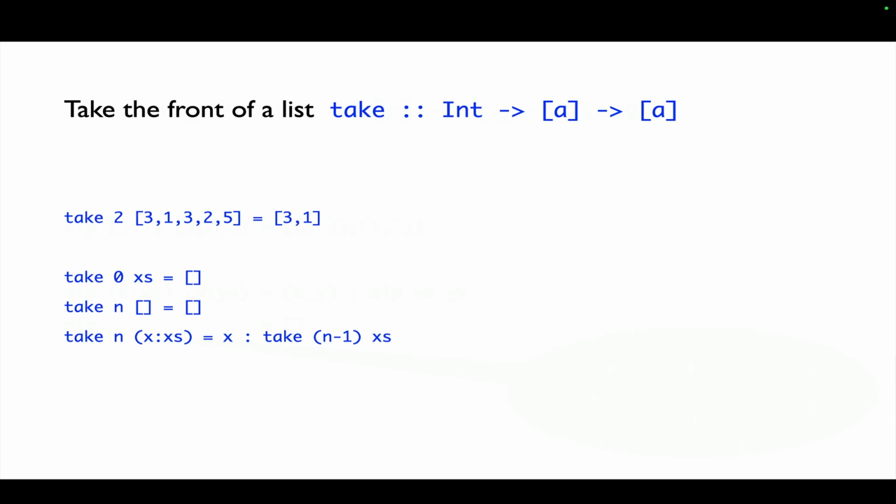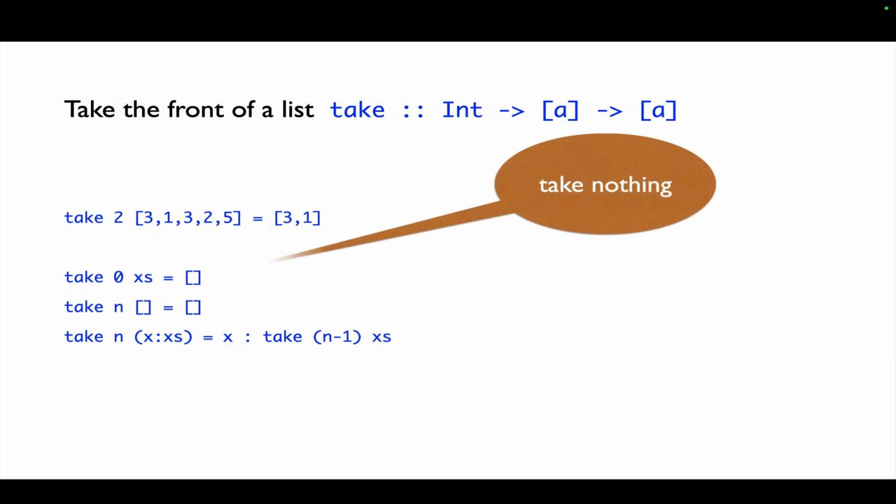What about a function that takes a number of elements from the front of the list? So for example, if we take two elements from the list 3, 1, 3, 2, 5, we get the list 3, 1. Now here you can see we're kind of combining recursion over the list and recursion over the elements.